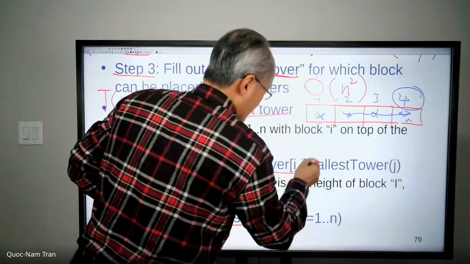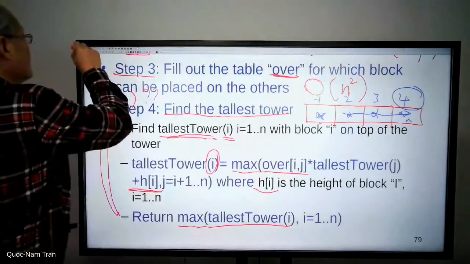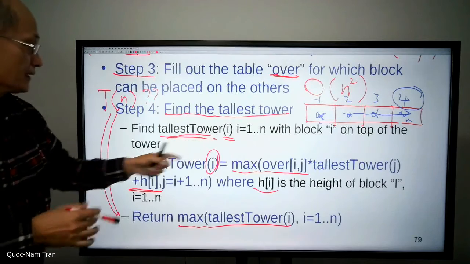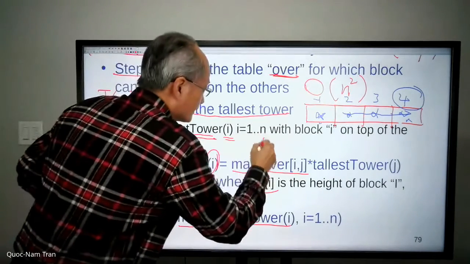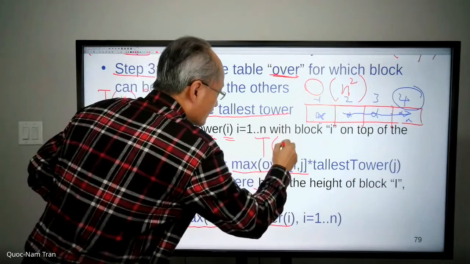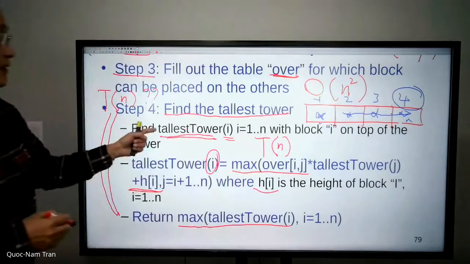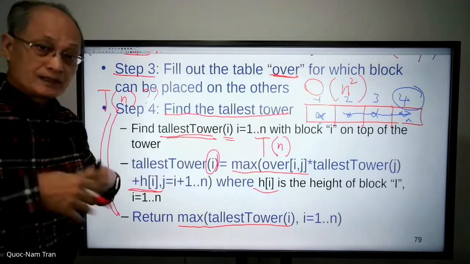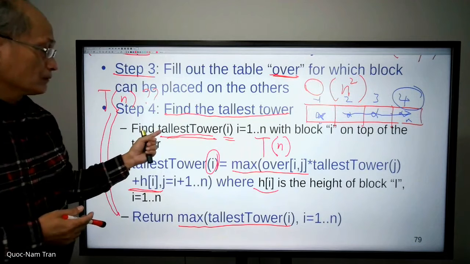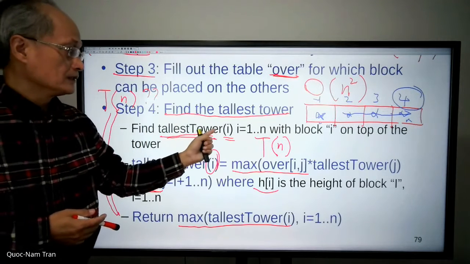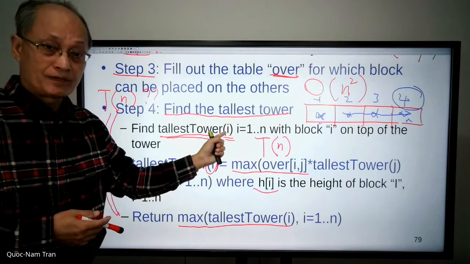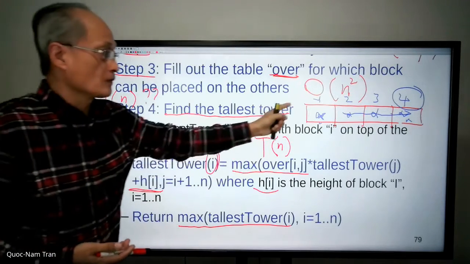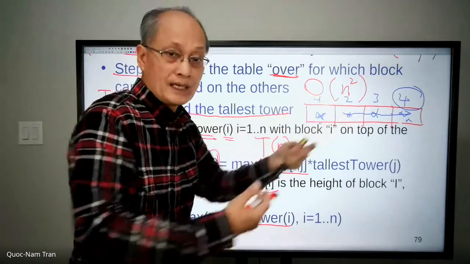Okay, so let me remove this one so we can write it here a little bit. From here, you can see that Tn would be the total cost for this tallest tower, right? Meaning that in order to find out Tn, we need to call the tallest tower for i from 1 to n, meaning that we call the tallest tower for 1, for 2, for 3, until n, right?